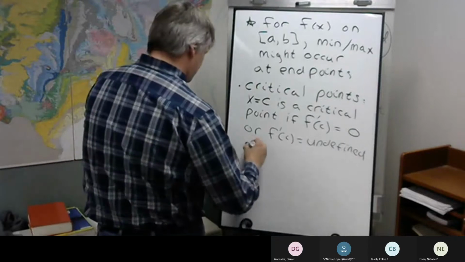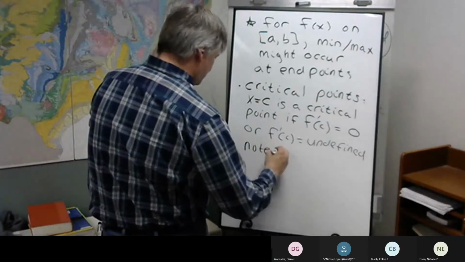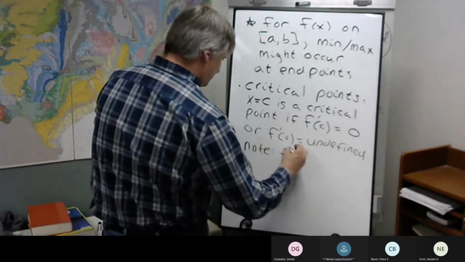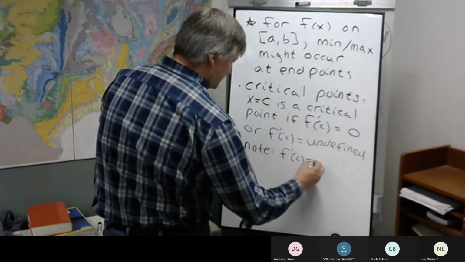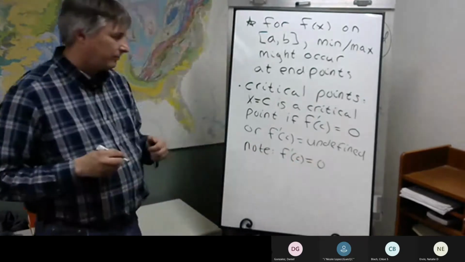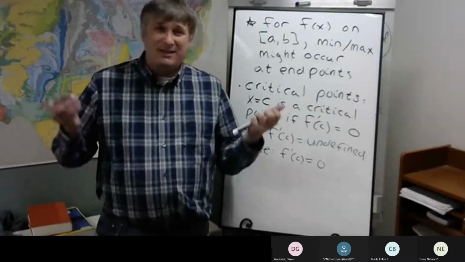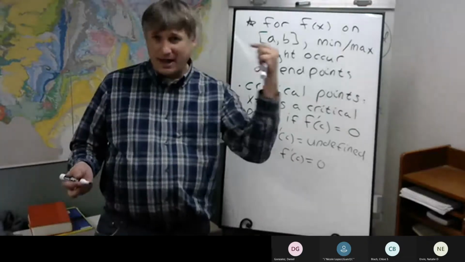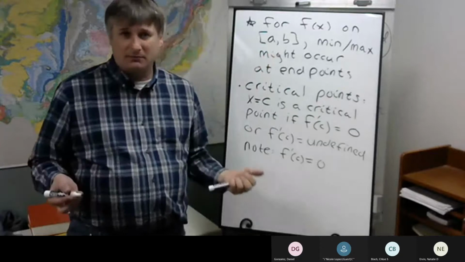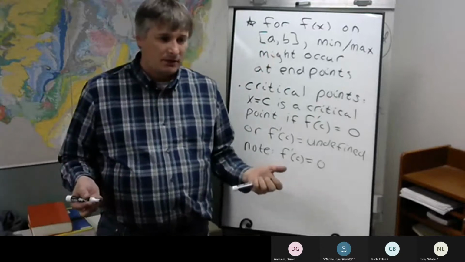Note. Let's say f prime of c equals 0. What does this mean? Well, it means the slope of the tangent line to f at this point x equals c is 0.